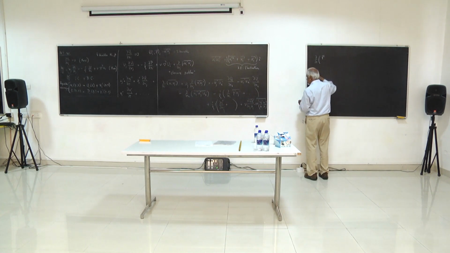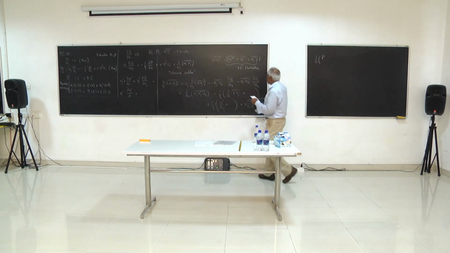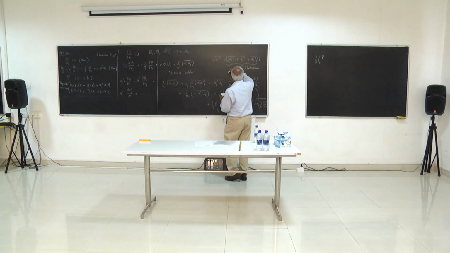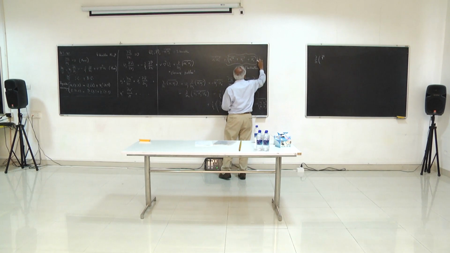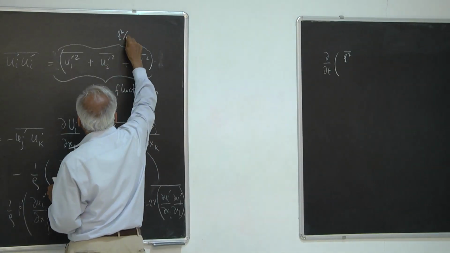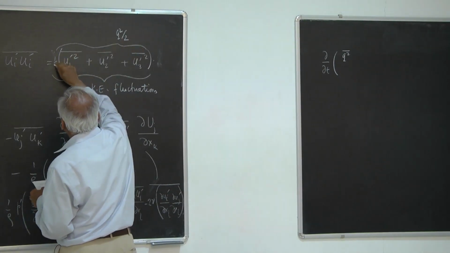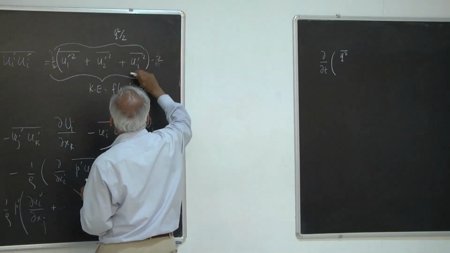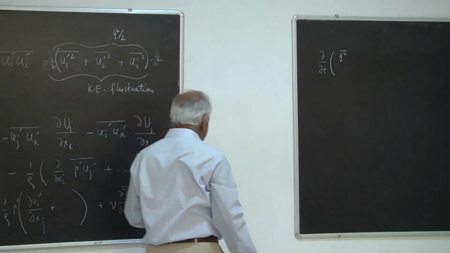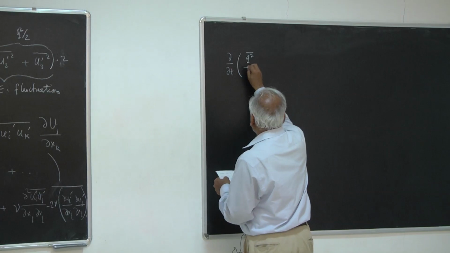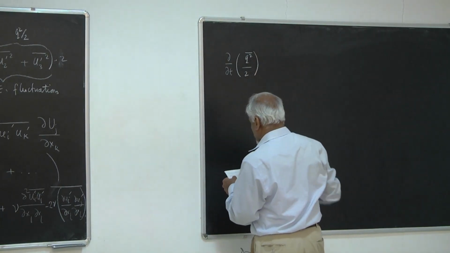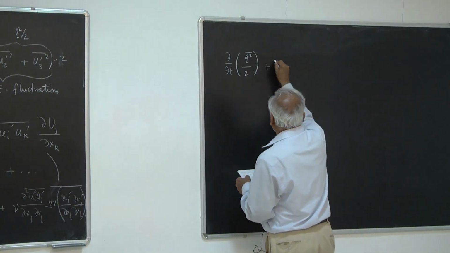So this stuff here is q squared, okay? When I say q squared by 2, I put a half there and a 2 here, etc. This q squared by 2 is the kinetic energy in general. So I write this symbolically. It's a little bit easier to write it like that.